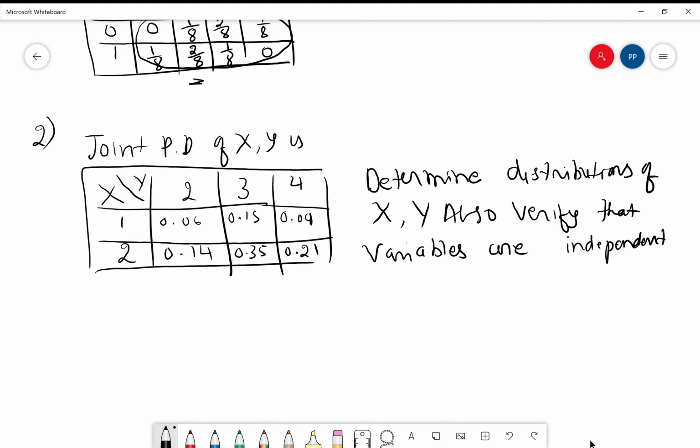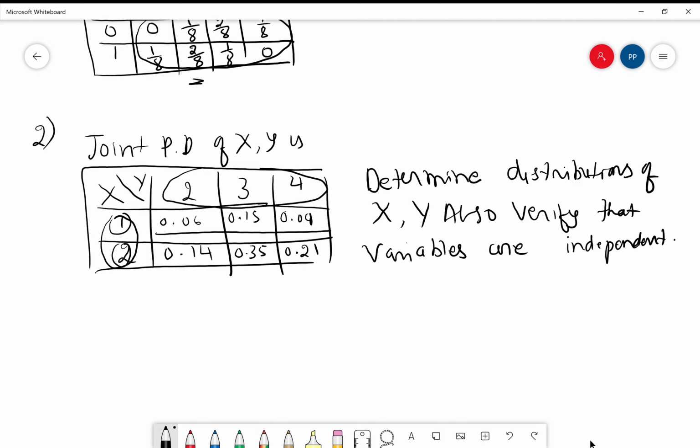Now this kind of problems are very simple. The values of x are given here, values of y are given here. You have to find the probability of this and probability of this. For that we need not write the formula. Just add these values, that will give you the probability of this.